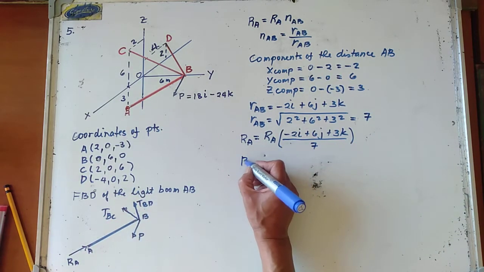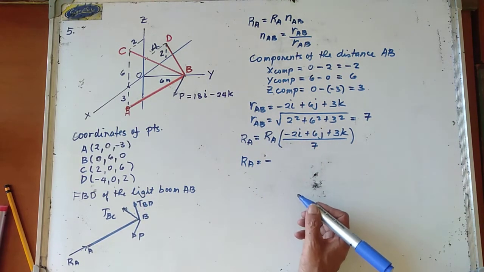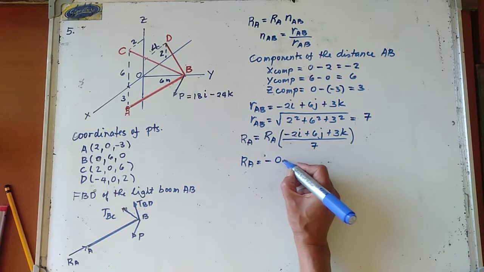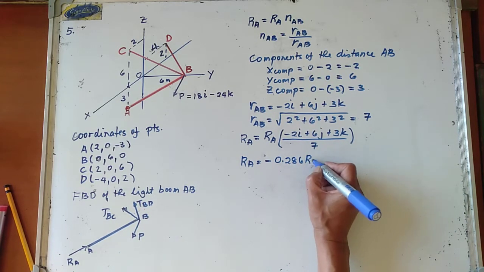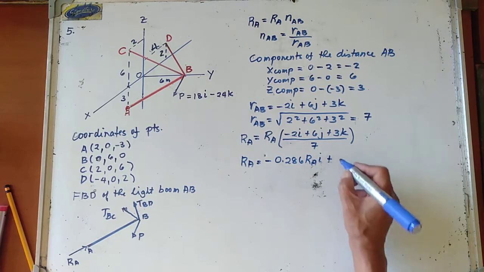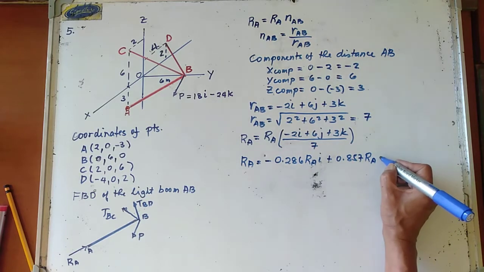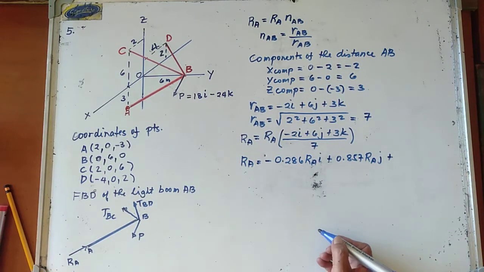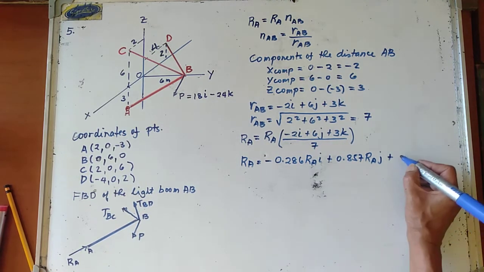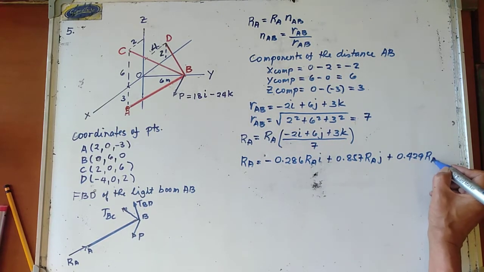So that your RA is minus 2 over 7, 0.286 RAi, 6 over 7, 0.857 RAj, 3 over 7, 0.429 RAk.